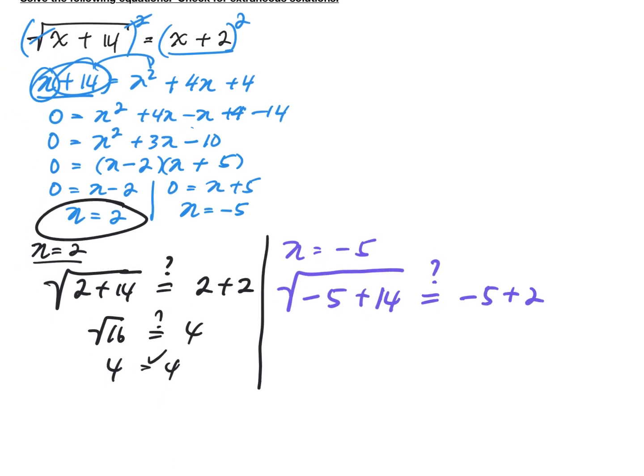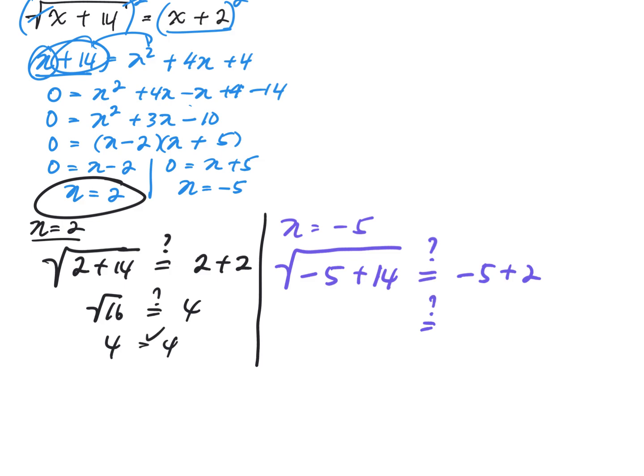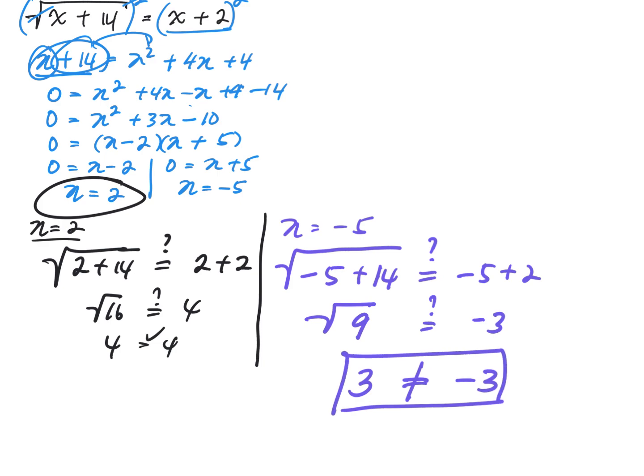On this side, this is going to give you negative 3, and this is going to give you 9. So I guess it's not the same, because 3 is not equal to negative 3. So this is extraneous.